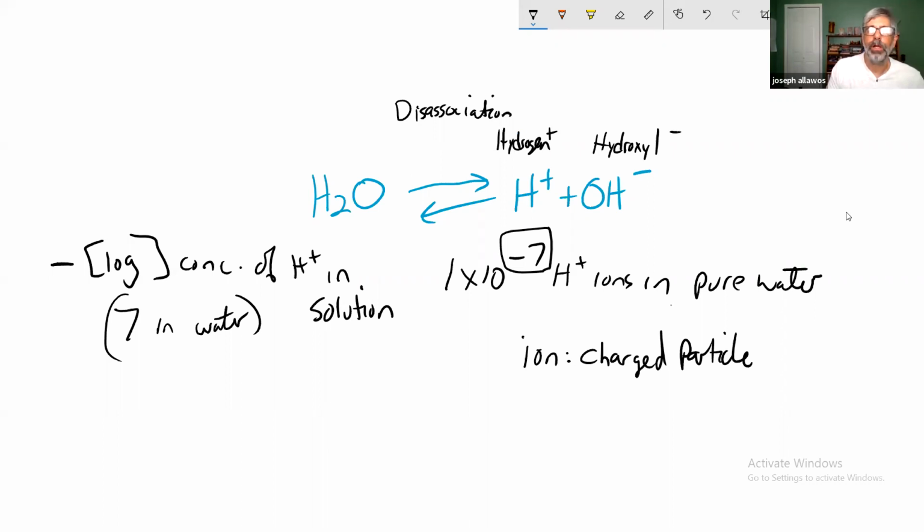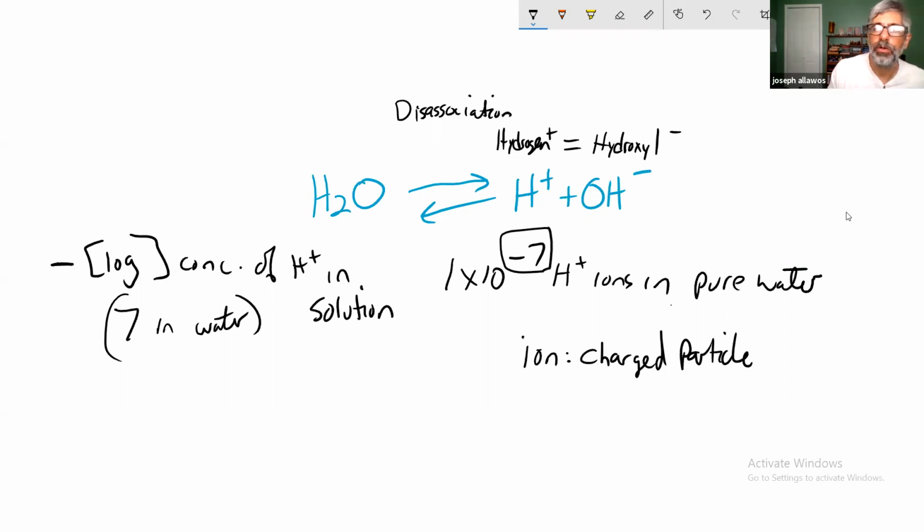It should make sense that this is the same number. This is also 1 times 10 to the negative 7, because there's a 1-to-1 relationship. For every one of these, you're going to get one of these if you're talking about water. So these are equal in pure water, and the concentration is 1 times 10 to the negative 7 of the sample of water.